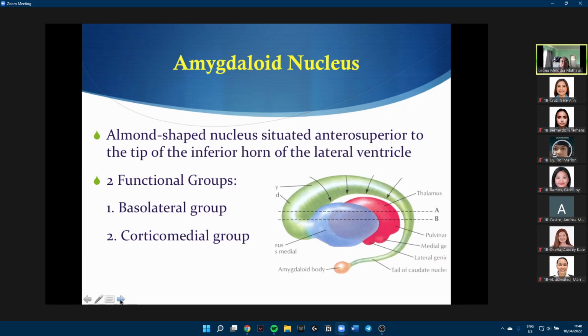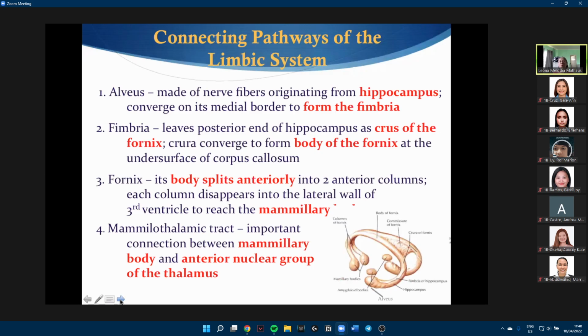Okay? Anyway, let's look now at our connecting pathways. We already described the alveus. Don't forget, when you say connecting pathways, these are made up of nerve fibers, usually myelinated nerve fibers. So the alveus, you find it here, as we said, at the undersurface of your hippocampus, specifically at its convex surface.